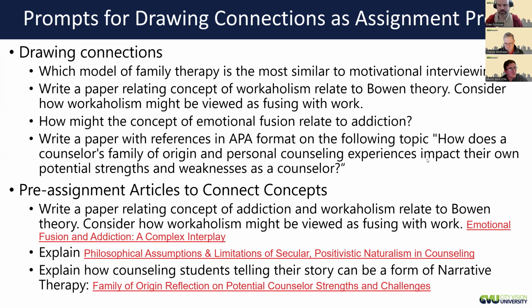Basically, after maybe eight different prompts, I worked with it to create a paper on emotional fusion and addiction, a complex interplay. Because what I wanted, in terms of Christian integration, Bowen theory is probably the number one theory that's going to translate well to Christian integration.